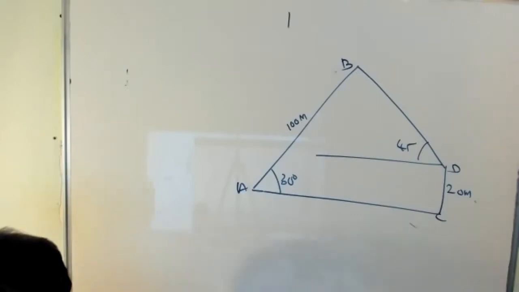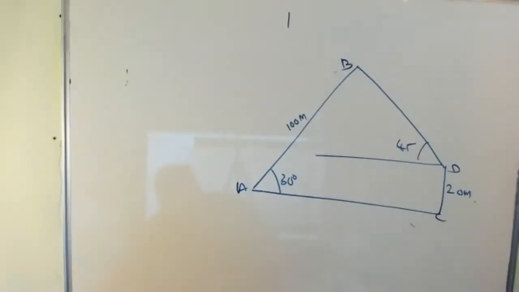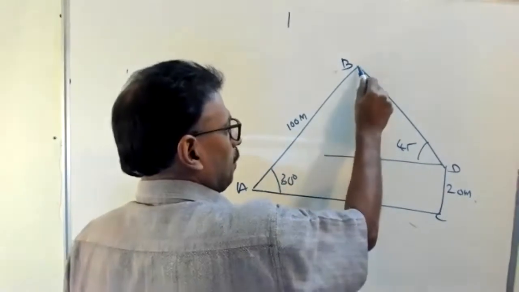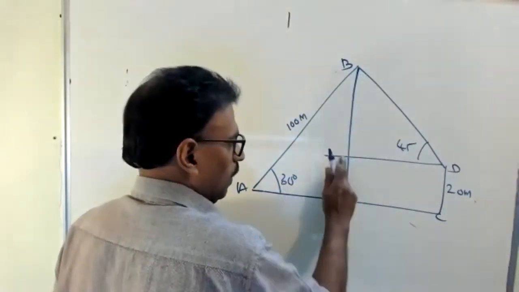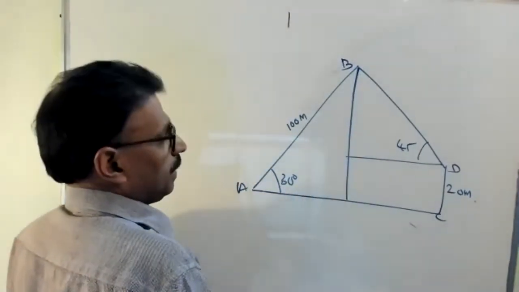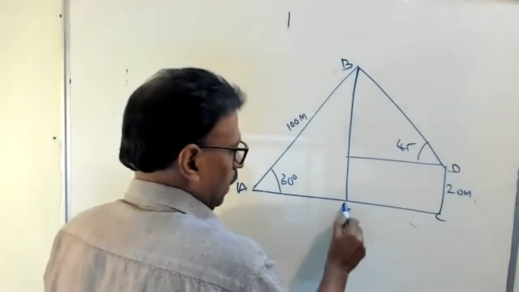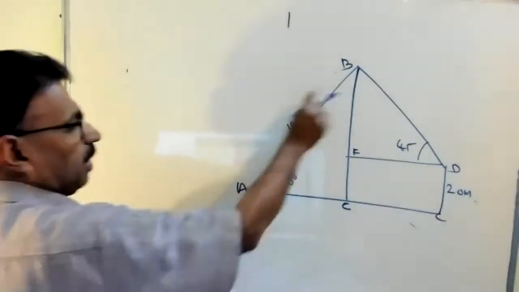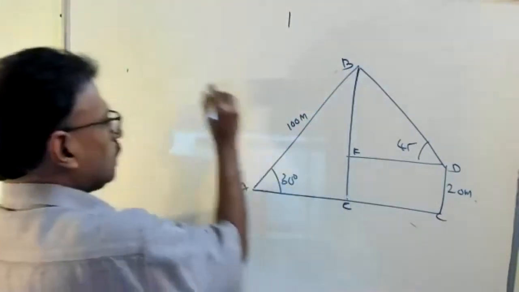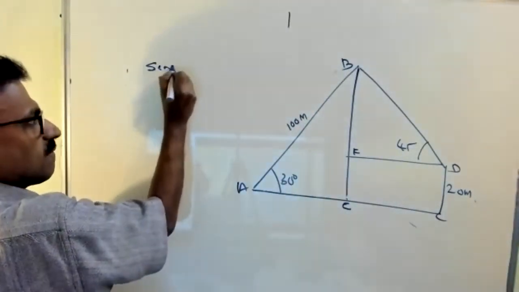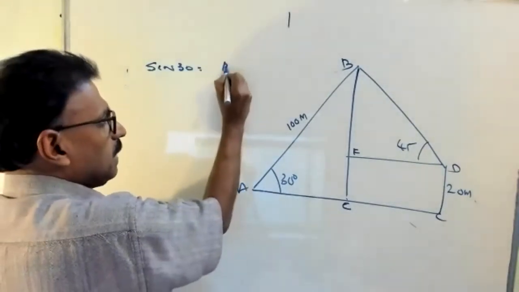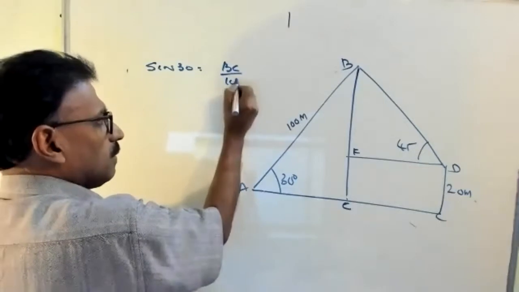Okay. Look at here now. Draw a perpendicular here. A, B, C, D, E, F. Now, sine 30, first of all I'm going to find this one. Sine 30 equal to BC divided by 100.